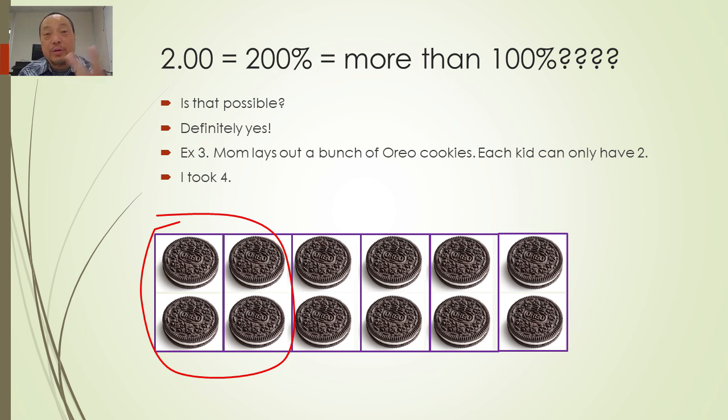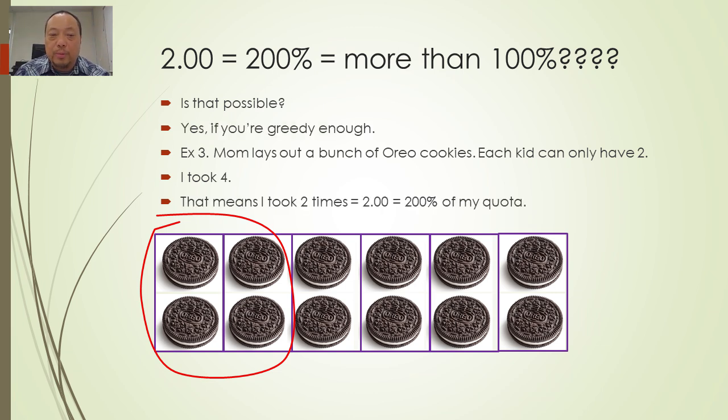That means I take 2 times, and 2 is 2.00, which then after I move the decimal point, I get 200%. I take 200% of my quota. I probably get punished for it, but I did it. It's doable. 200% exists. So yeah, percentages can be higher than 100%.